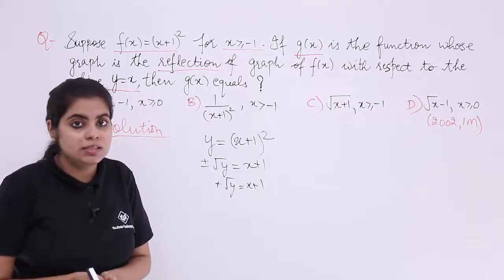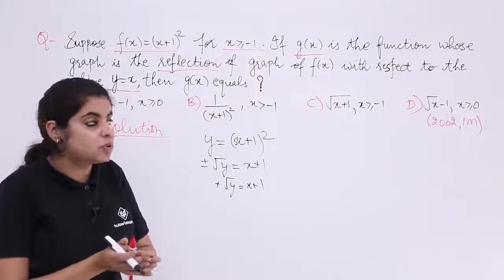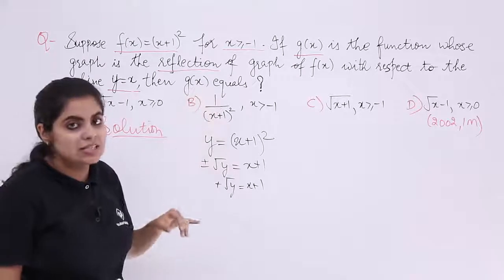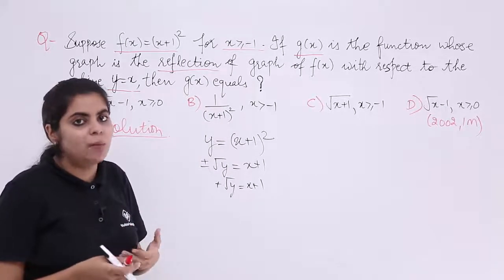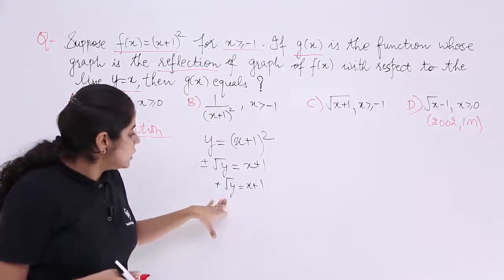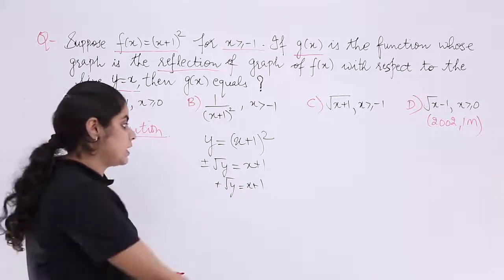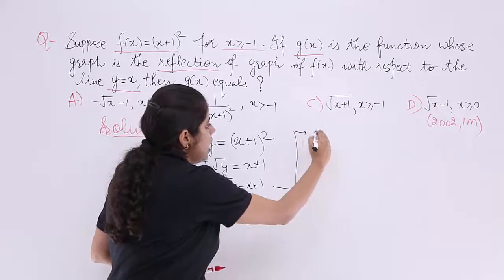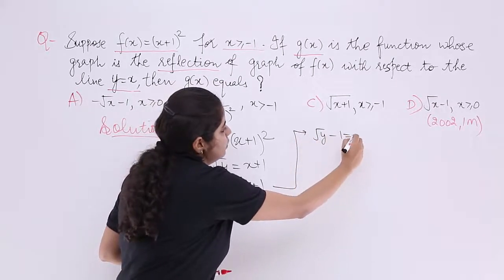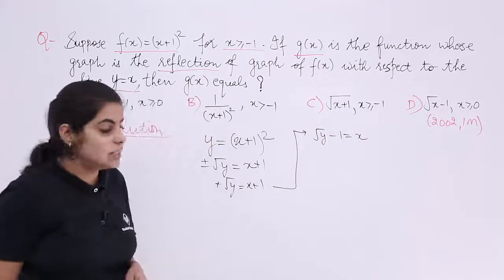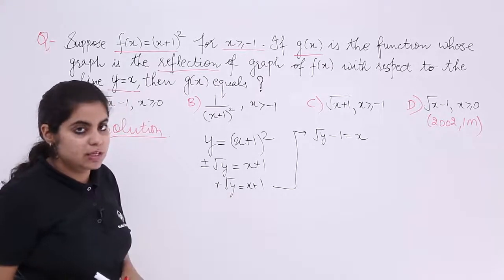But this is not the answer. Why? Because we are supposed to find g of x. So we need something in inverse form, in x form. So what is root y? That is equal to x plus 1, and what is the value of x? From here I have root y minus 1 is equal to x, right? Root y minus 1 gives me x.